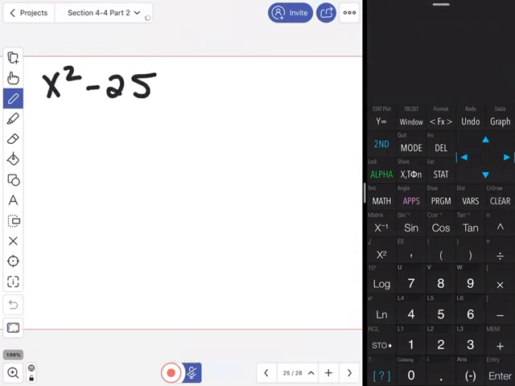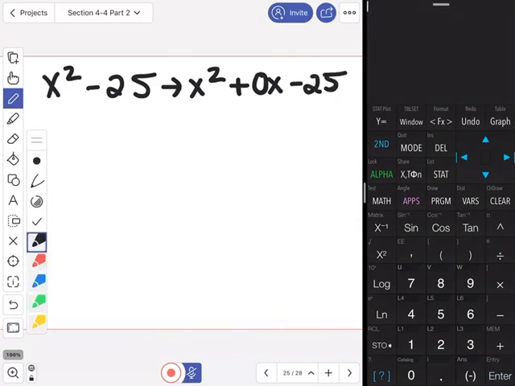In the last example, you'll notice that we're missing a term. However, we still have to have that middle term. We can rewrite it as x squared plus, because there is no number there, we assume it's a 0x, minus 25.